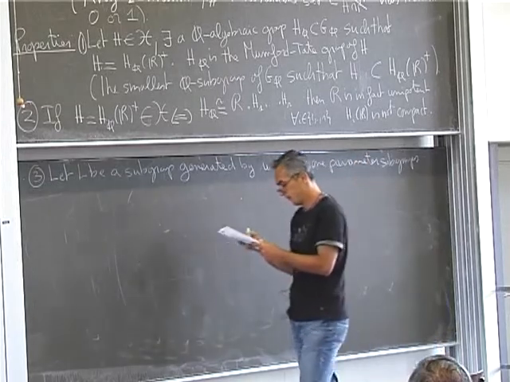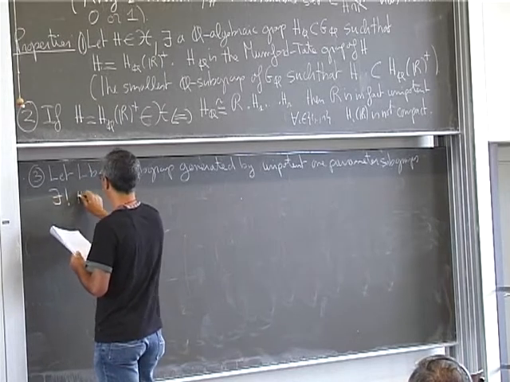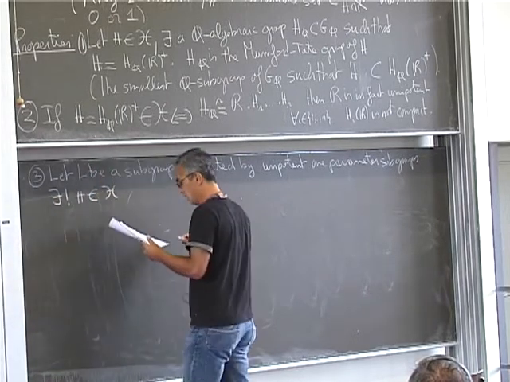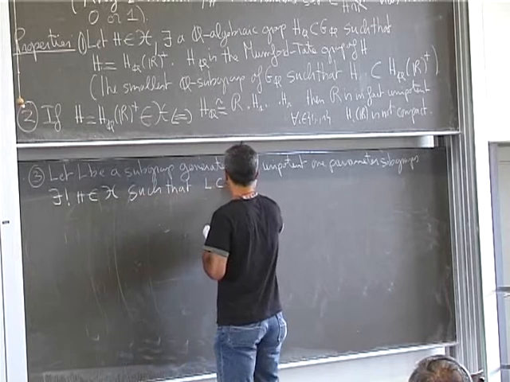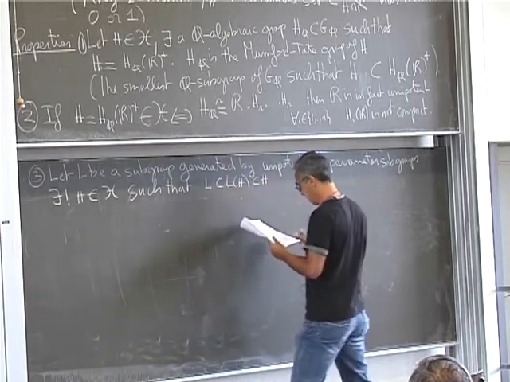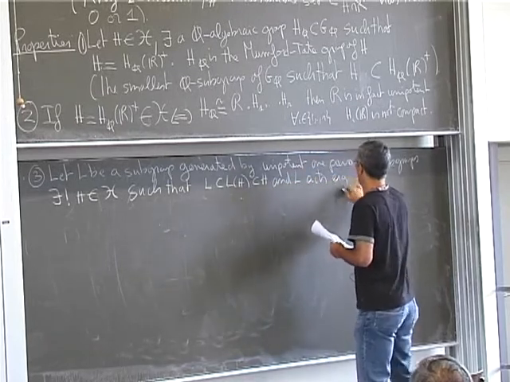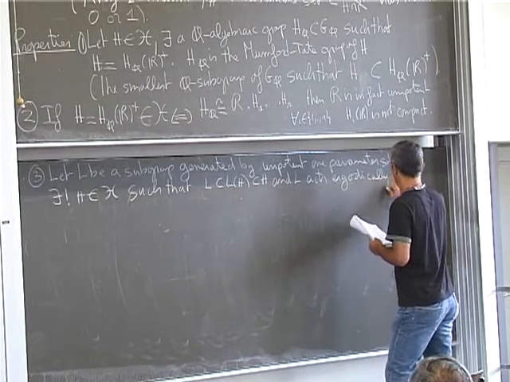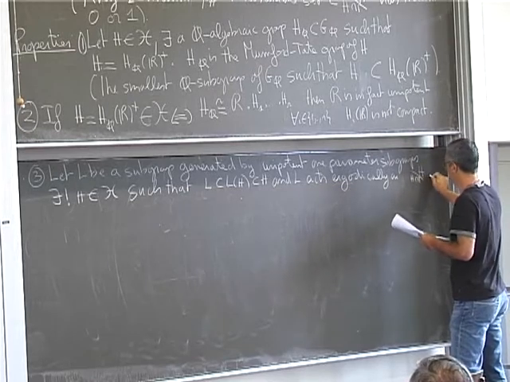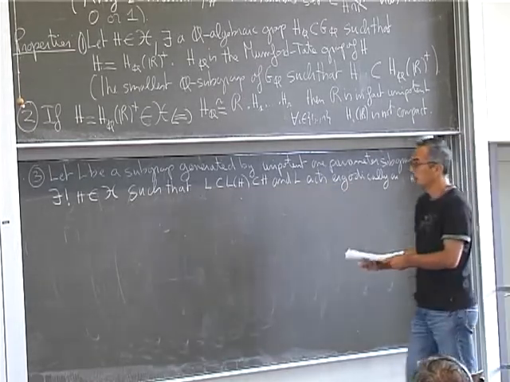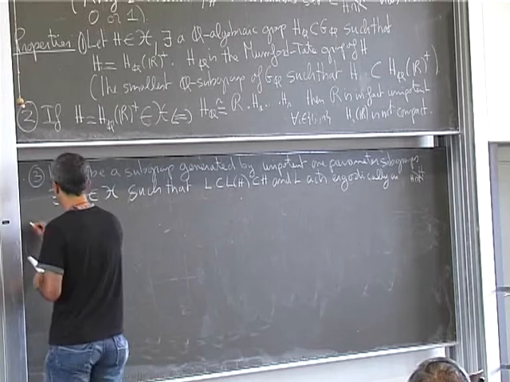Then there exists a unique H in the class H such that L is inside L of H inside H, and L acts ergodically on H divided by H intersected with gamma, with respect to the natural measure.